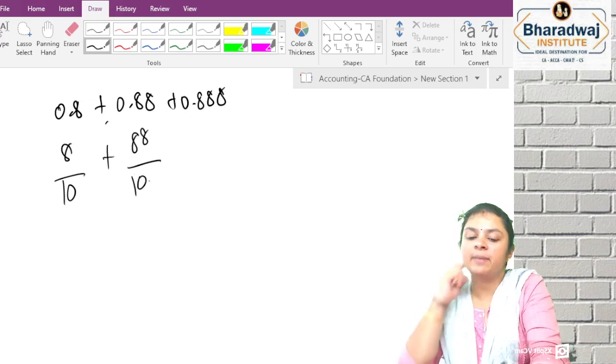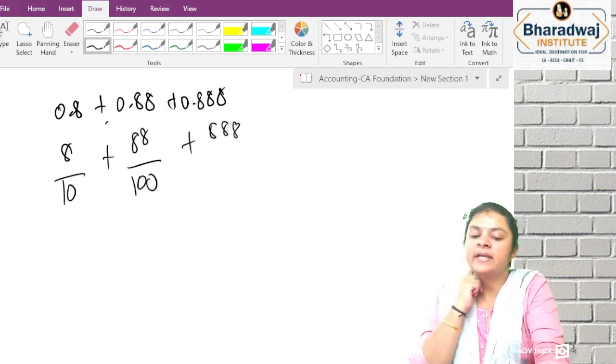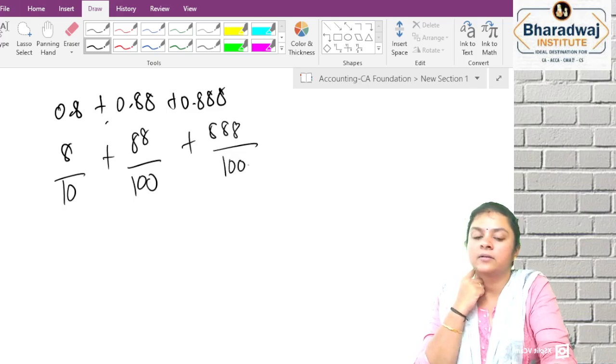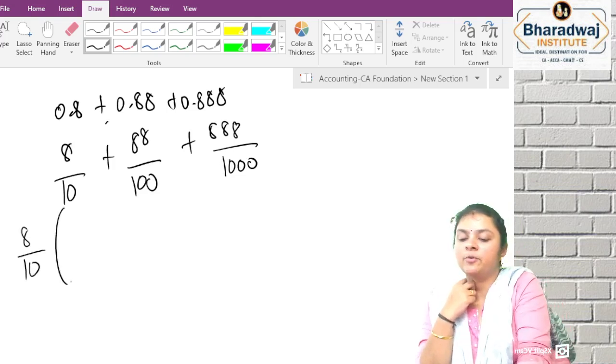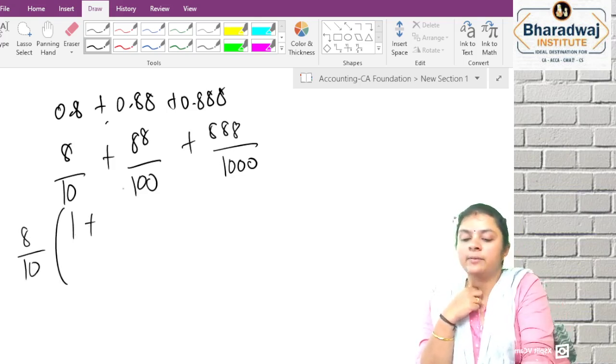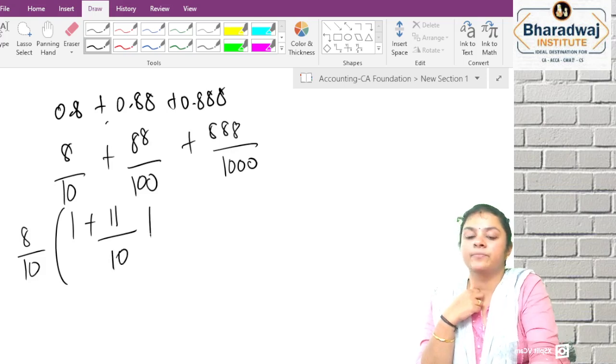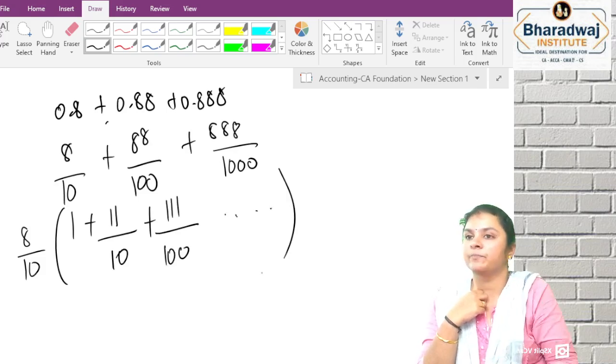This is 88 by 100. This is 888 by 1000. Correct? Now, if 8 by 10 is taken common outside, you will get 1 plus 11 by 10, 111 by 100, and so on.